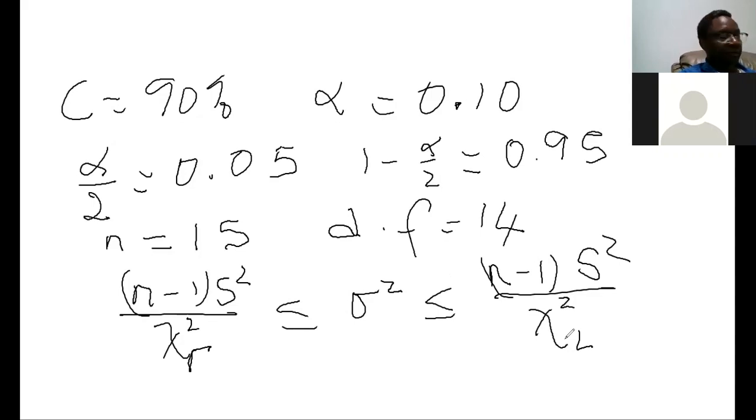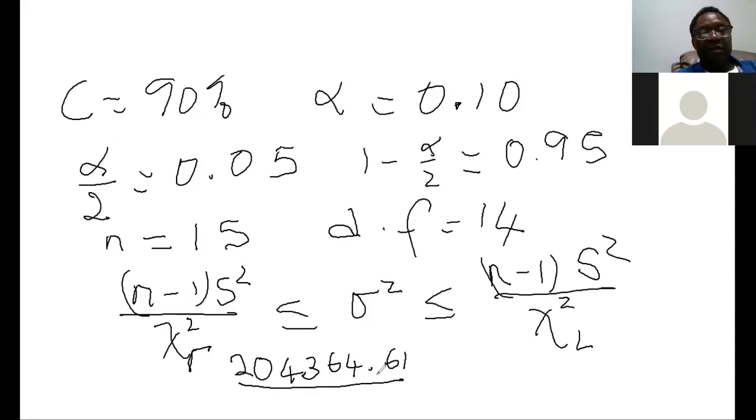Let's get back to the same point. We did s squared times 14. That was 120.82 squared times 14. Do you remember that? Yeah. And it gave 244364.61. Now divide by chi-square right. Do you remember what chi-square right was?